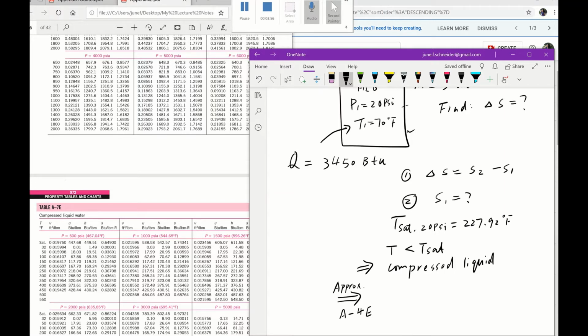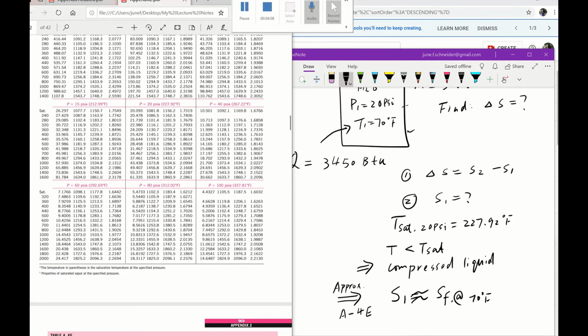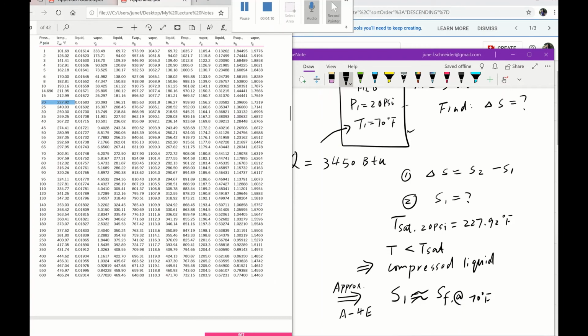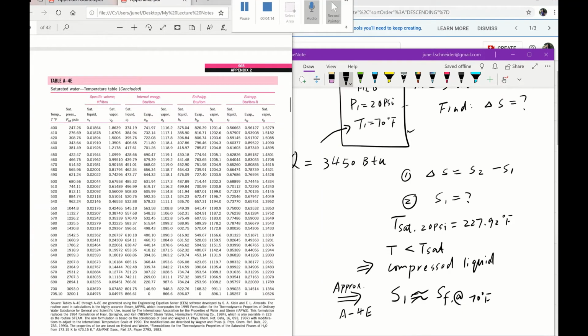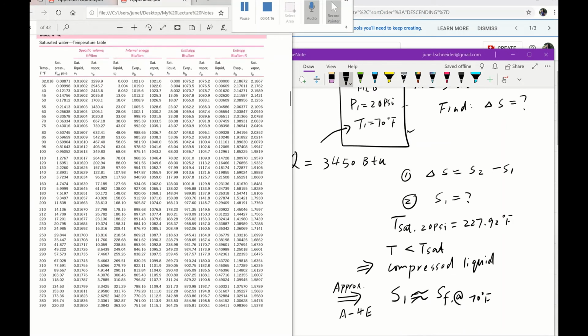So we're trying to find S. So this S1 is going to be approximately equal to the saturated liquid at this temperature, 70 Fahrenheit. So let's go to table A4. Table A4 at 70 Fahrenheit, we can find our S value.